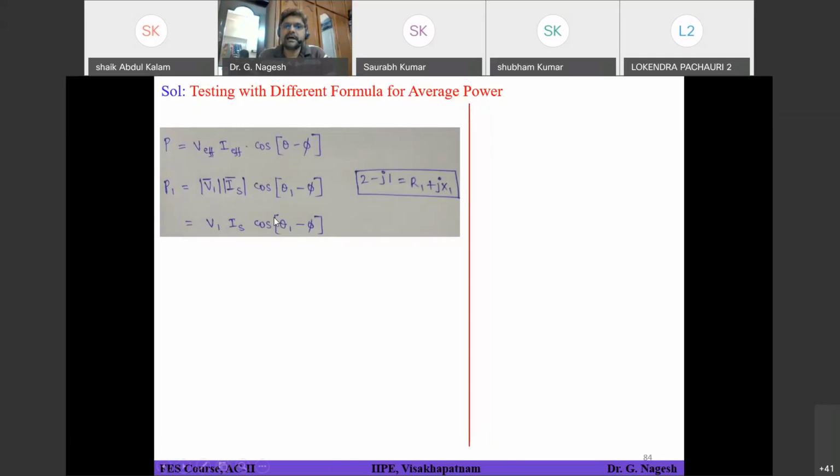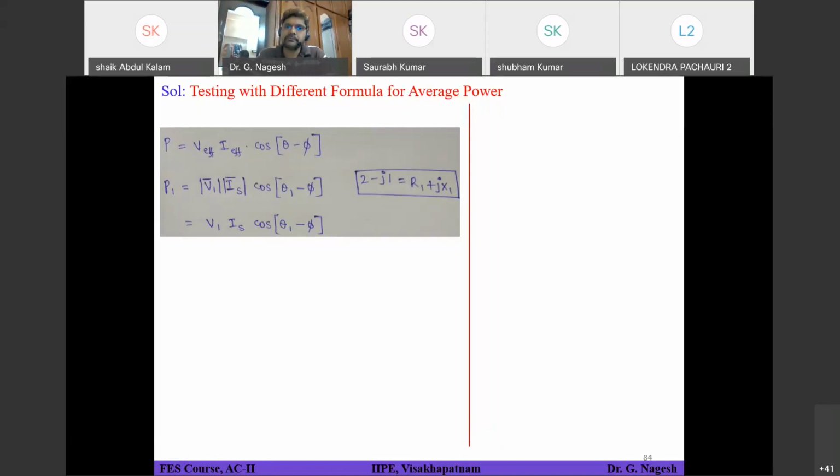Since I have given here R1 plus j X1, try to write this cos of theta 1 minus phi in terms of R1 plus j X1. You know the formula, na? From the impedance triangle, what is cos of theta 1 minus phi? Cos of theta 1 minus phi equals R1 upon under root R1 square plus X1 square.